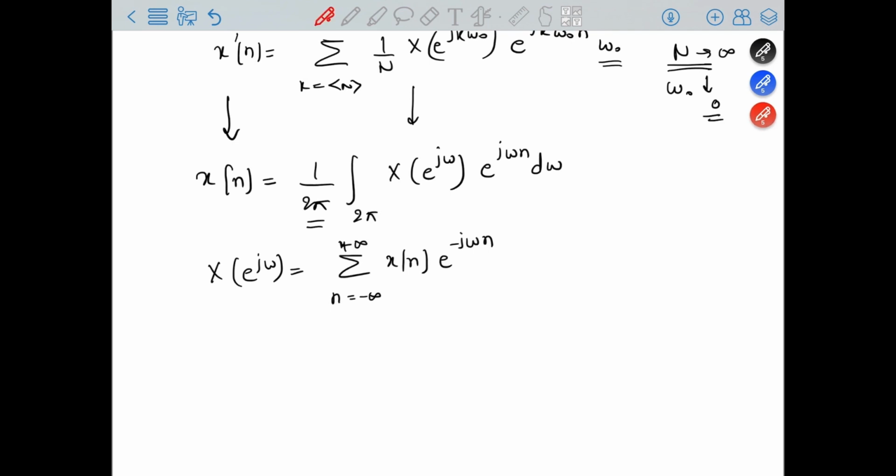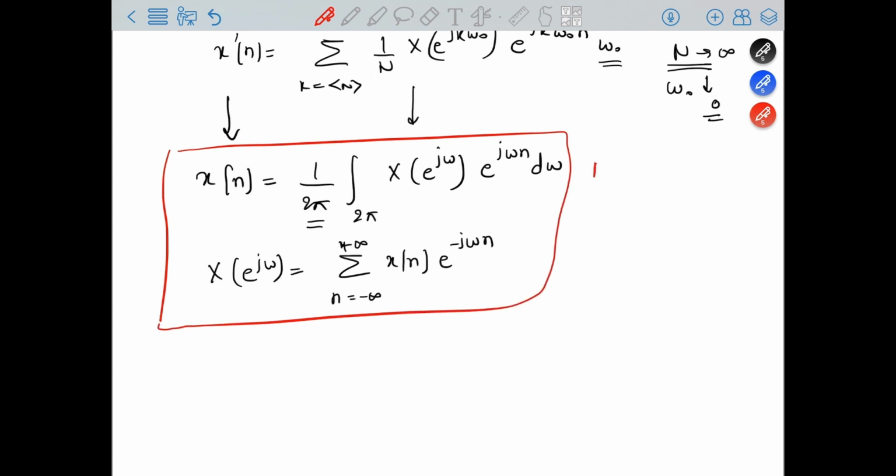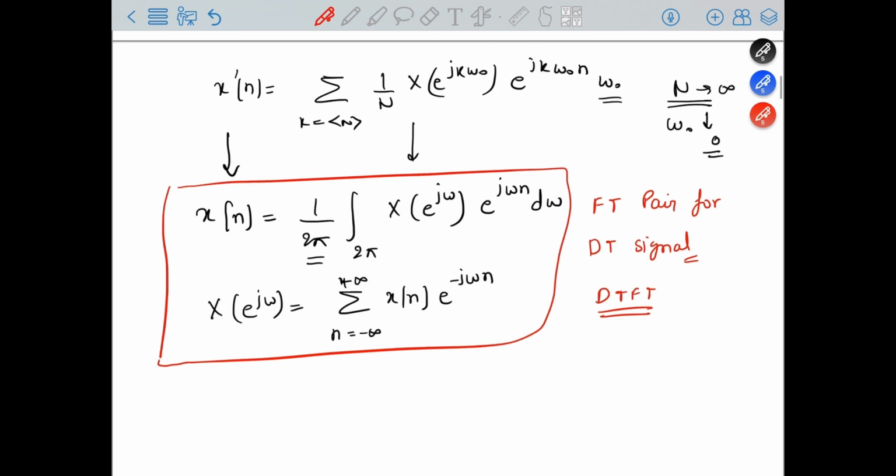So these two expressions are very important, and they form the Fourier transform pair for discrete time signals. In short form they are also called DTFT, analogous to the continuous time Fourier transform, which is called CTFT. These are the two expressions, and we have seen how we derived them from the Fourier series expression, as we did in the continuous time case also.